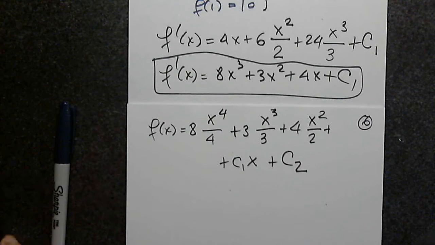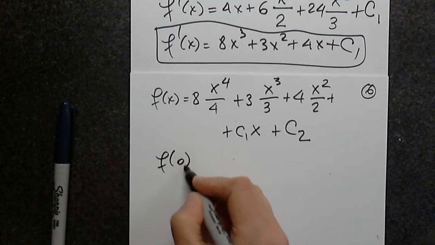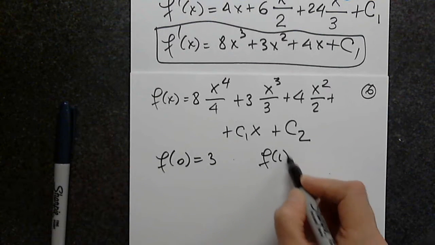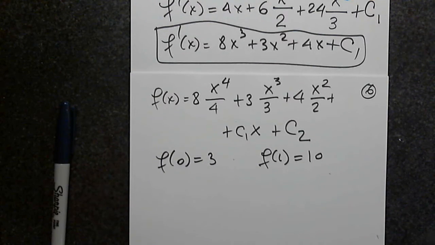Now, I do have 2 pieces of information. I'll copy them here one more time. f of 0 is 3, and f of 1 is 10. And that's exactly what I need because I have 2 variables in function f. I have c1 and I have c2. Okay, so let's start.